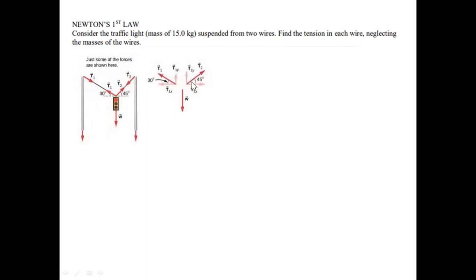For the second wire, it has a tension of T2, with horizontal and vertical components T2x and T2y respectively. And the weight always points downwards.